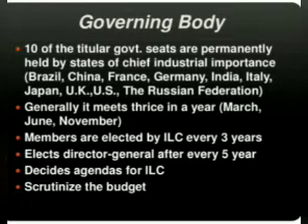These are the countries which signed the ILO at the time of its commencement. Generally it meets thrice in a year, in the months of March, June, and November. Members are elected by ILC every 3 years. It also elects the Director General after every 5 years, decides the agenda for ILC, and also scrutinizes the budget.